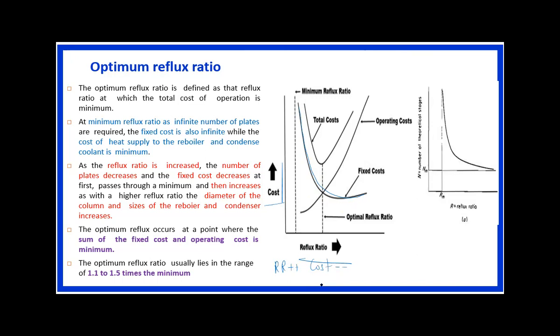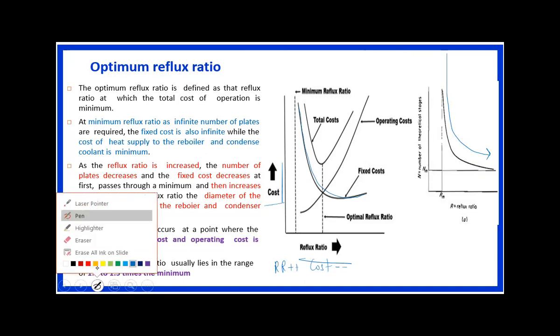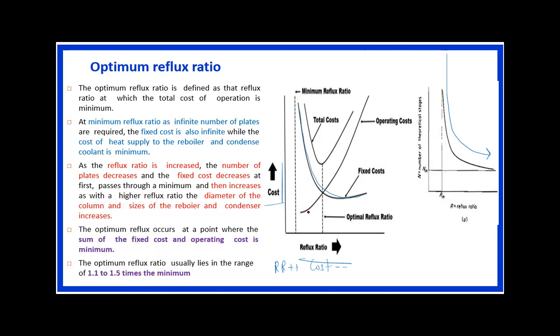Fixed cost is related to the number of theoretical stages. As we know, when the reflux ratio is more, the number of theoretical stages is less. In this diagram also you can observe this nature of the graph. As we increase the reflux ratio, the number of theoretical plates is less, but at a particular point it changes. In a similar way, observe the operating cost line.